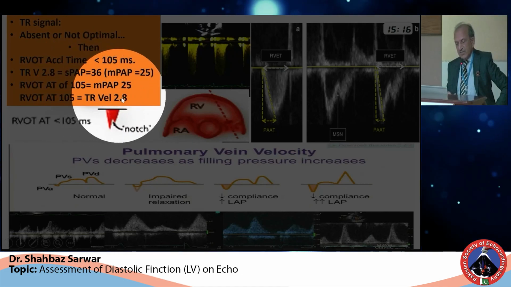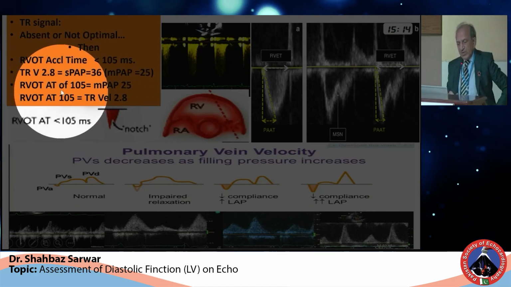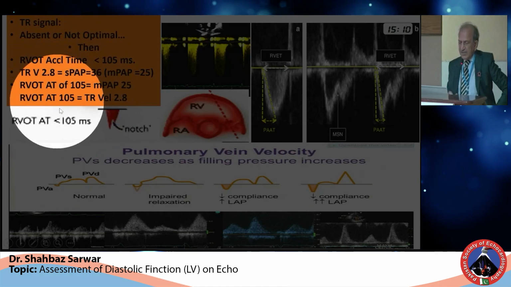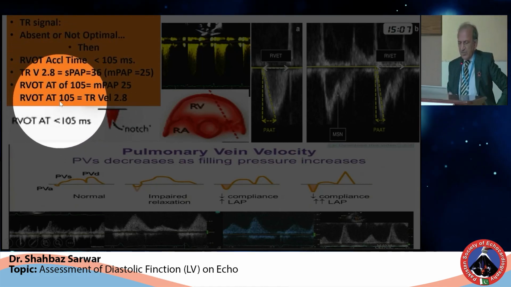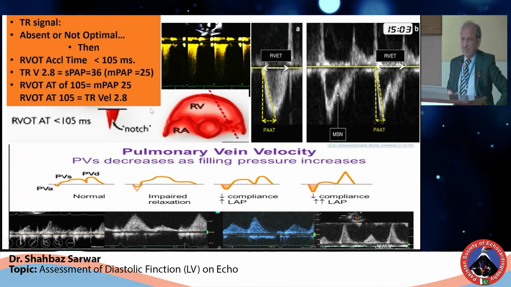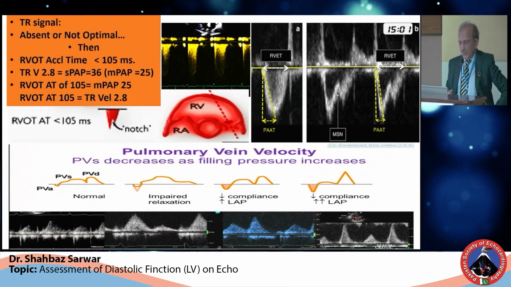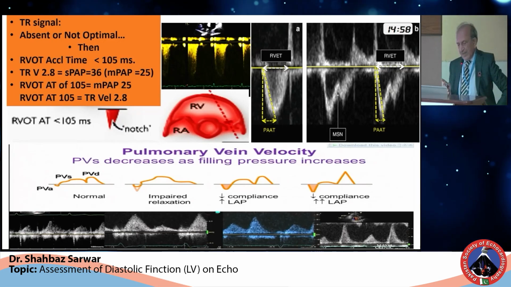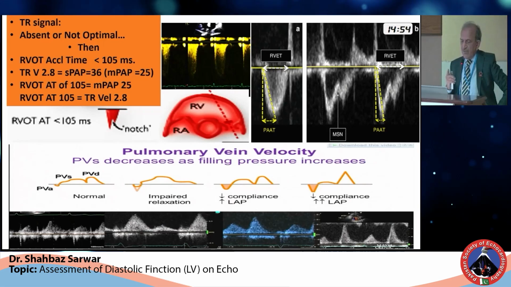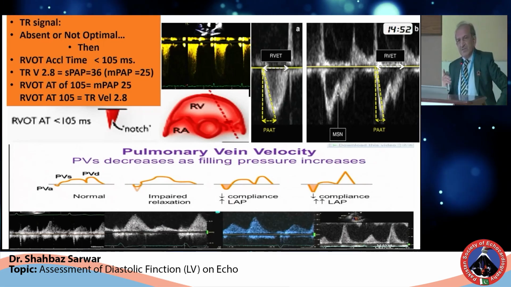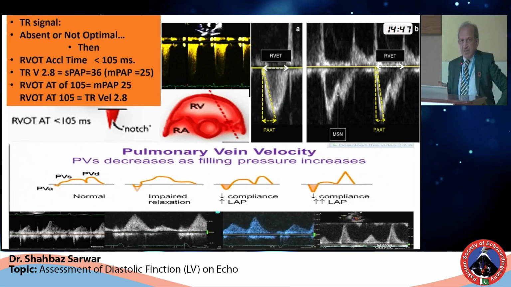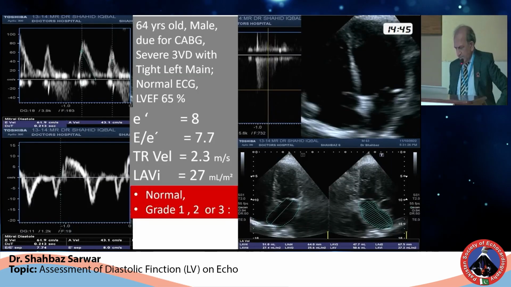If you do not even have a TR velocity, you can fill in with this parameter, and the TR velocity parameter would be equivalent to RV outflow tract acceleration time less than 105. I have been using this and I've tried to validate that, and most of the time it is validated. So if you don't have TR velocity, use RV outflow tract acceleration time. If it is less than 105, then most probably you are dealing with diastolic dysfunction.